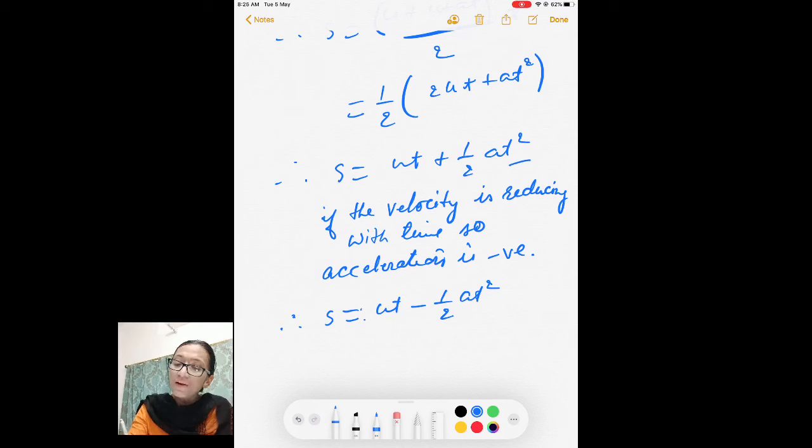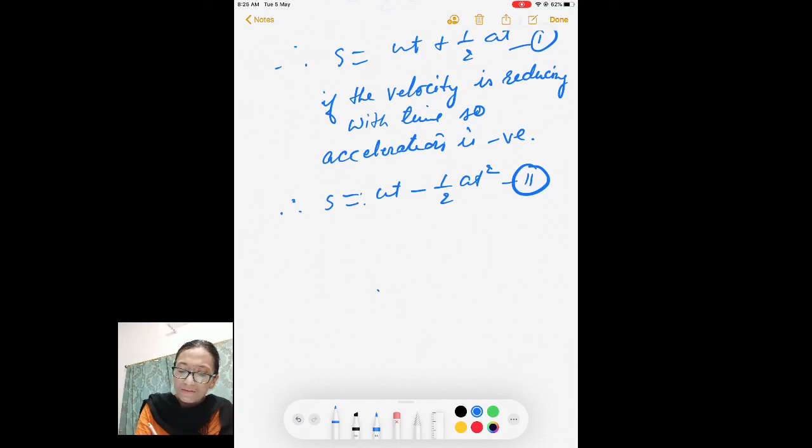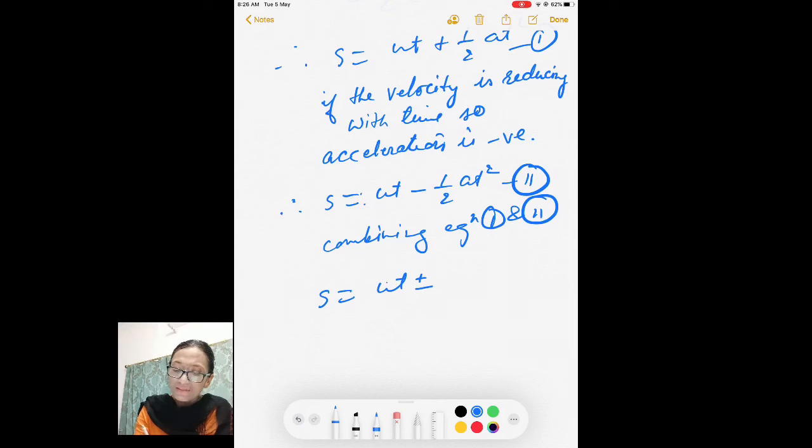Combining equation 1 and 2, we get that s is equal to ut plus minus half at square.